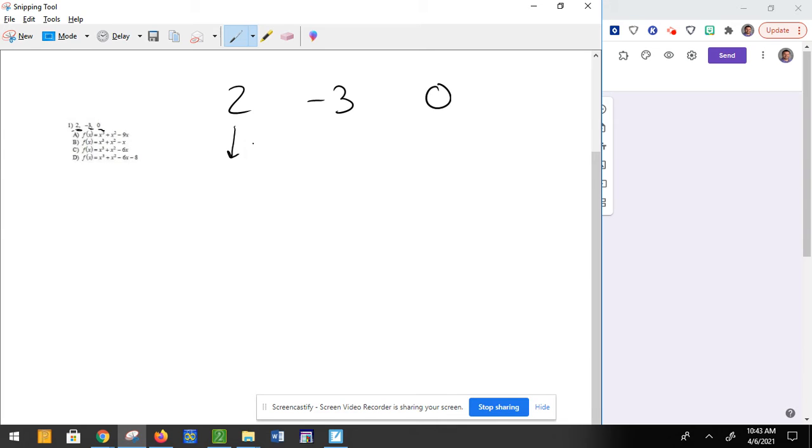So remember, the theorem that we went over in the notes is if you have a 0, the factor that it came from is x minus that 0. So if it's 2, the factor it came from is x minus 2. If it's -3, it's x minus -3, so minus negative would be plus. And then guess what? This one, if it's x minus 0, that's the same thing as just saying x.